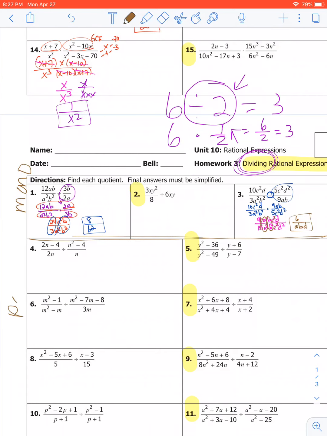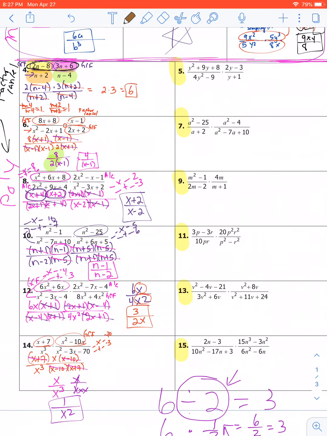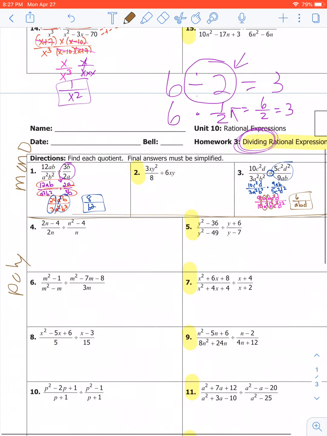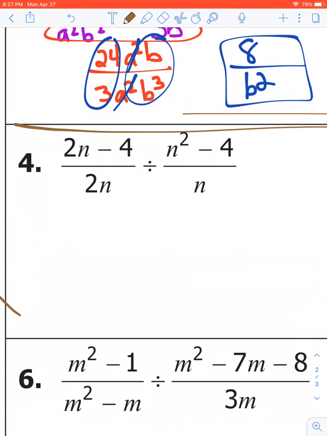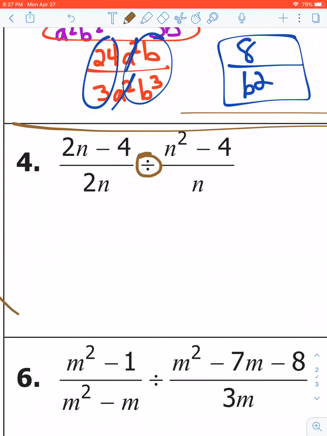So now we're going to do problems that are polynomials, and we are going to do them exactly like we finished 4, 6, 8, 10, 12, and 14, except we have to add an extra step by flipping the second fraction before we begin. So on problem 4, we notice that it is a division.